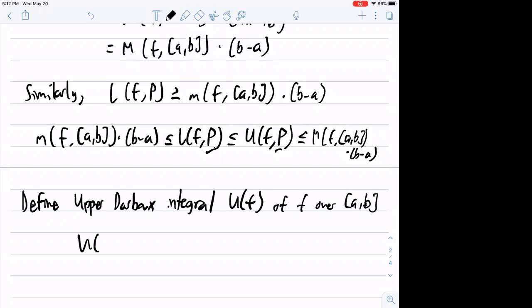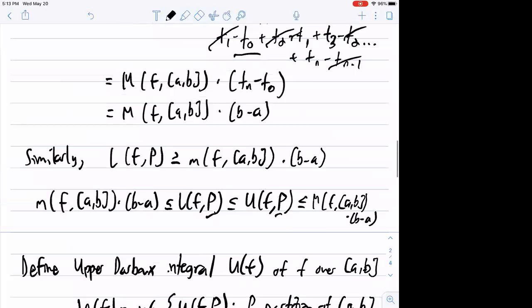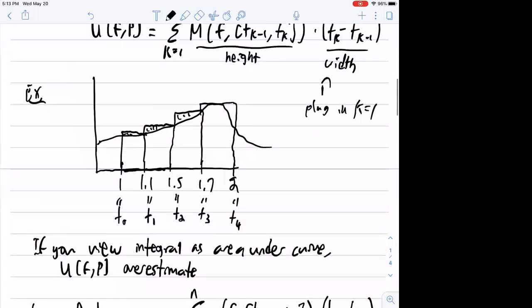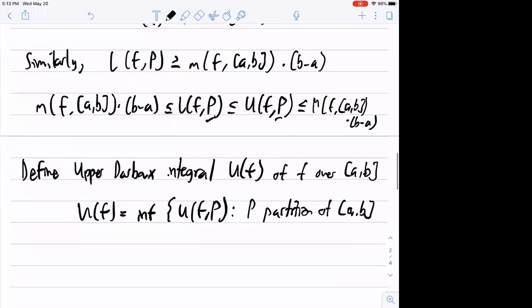It's the infimum of all the U(f, P)s. What am I taking the infimum over? Over all partitions of [a,b], right? So if I had one partition here and I take another partition and get something smaller, I take that one, and so on and so forth. I mean, there are infinitely many partitions.